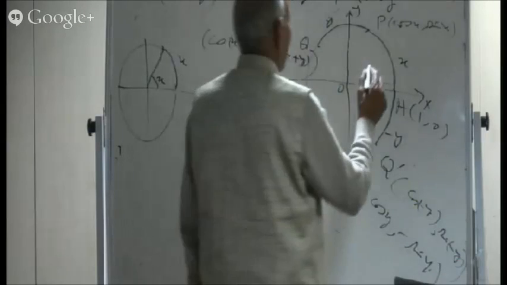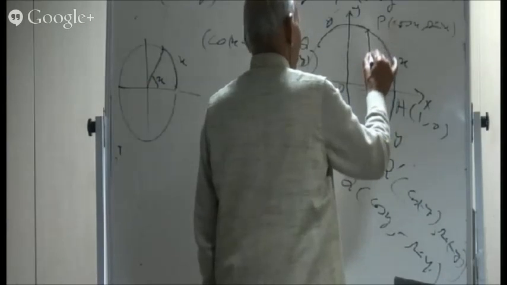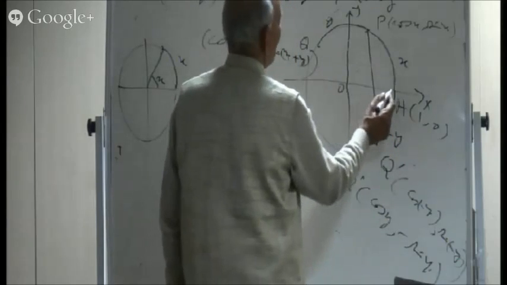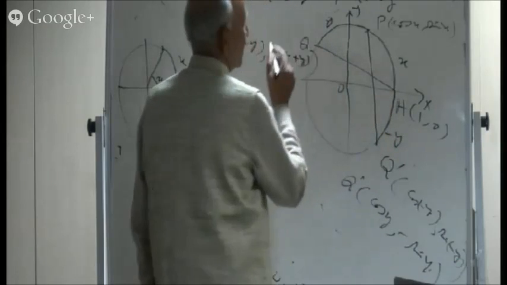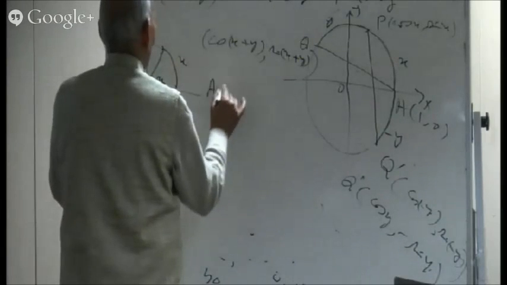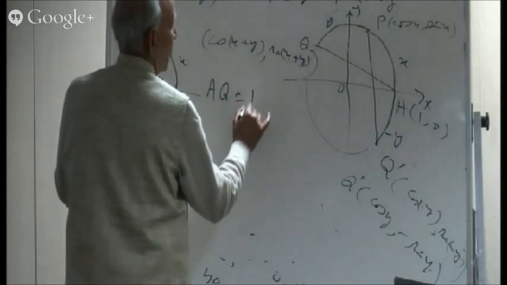Then what I am planning is I am joining this P and Q dash. P and Q dash are being joined. A and Q are being joined. A and Q are being joined, and P and Q dash are being joined. Is it right? So is this length AQ? AQ is equal to PQ dash.